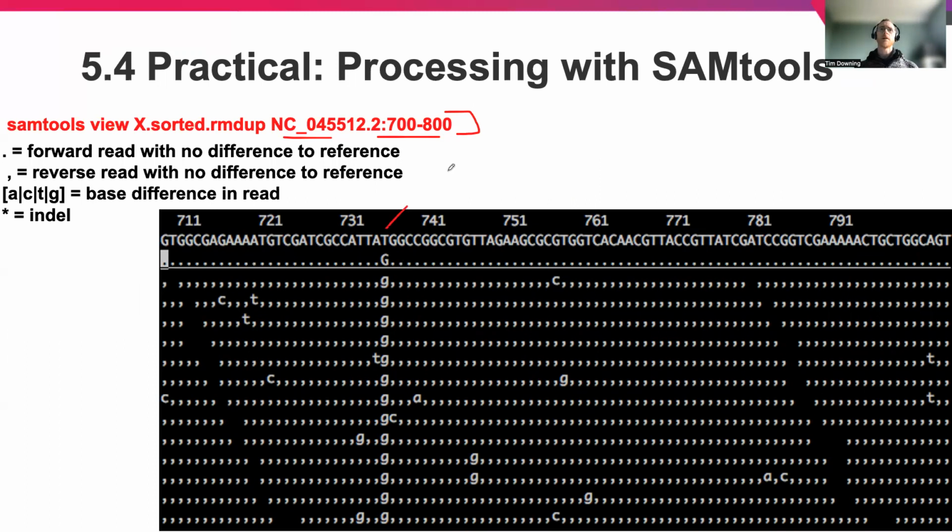Here we can see that there's probably a T to G SNP based on the consensus. But we also see that there are random errors at certain places in reads, and that's always going to occur. So we can actually view this with SAMtools.